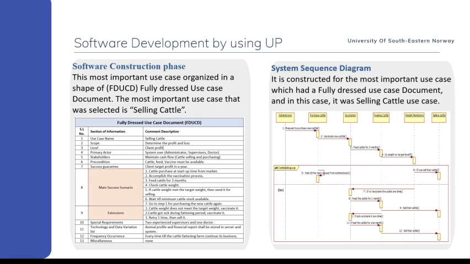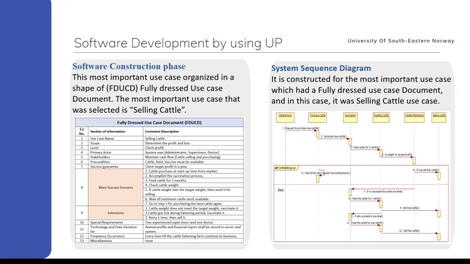In the main success scenario, the cattle are purchased at startup time, accomplish the vaccination process, which is called the primary vaccination, and feed those cattle for 3 months, and check those cattle's weight after 3 months. If the cattle reach the target weight, then those cattle will be sold in the market. And wait till the minimum cattle stock is available to purchase new cattle, and then go to step 1 again to purchase the cattle.